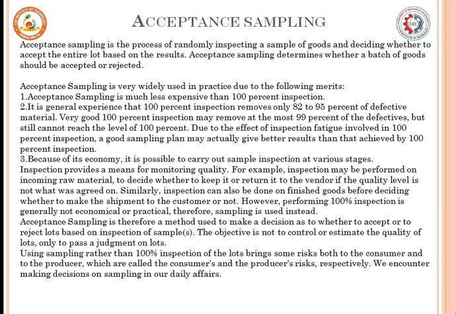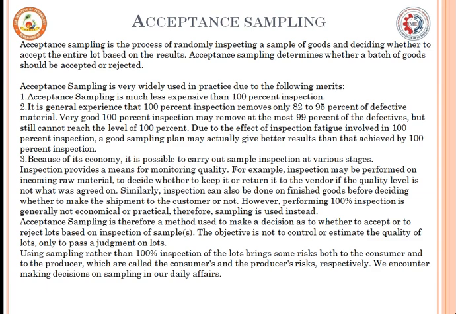Acceptance sampling is a process of randomly inspecting a sample of goods and deciding whether to accept the entire lot based on the result. It determines whether a batch of goods should be accepted or rejected. It is a widely used procedure in practice due to the following merits. Acceptance sampling is much less expensive than 100% inspection.